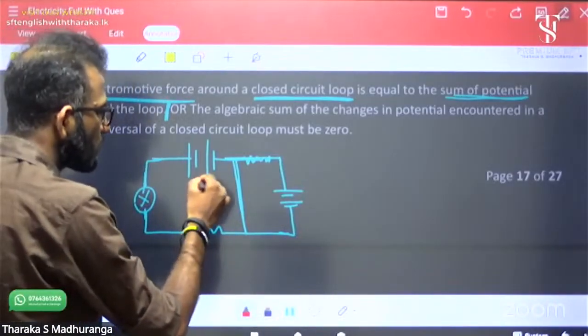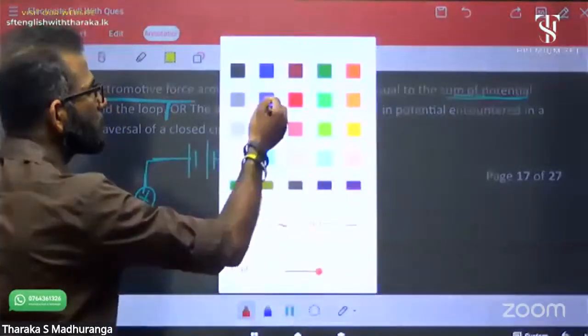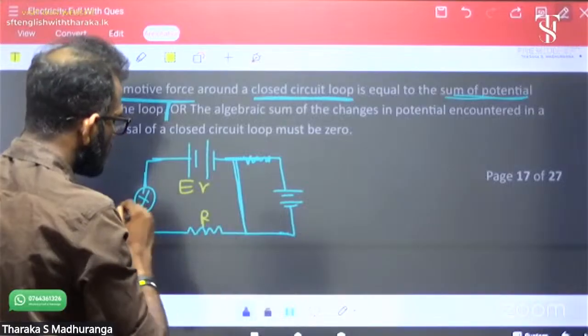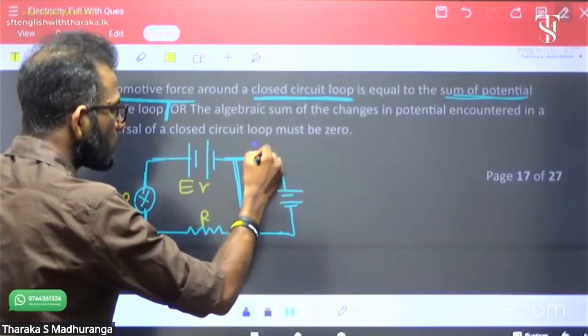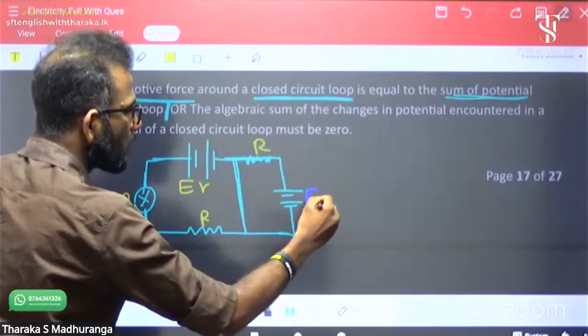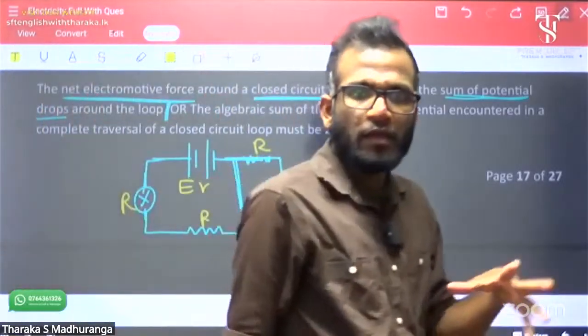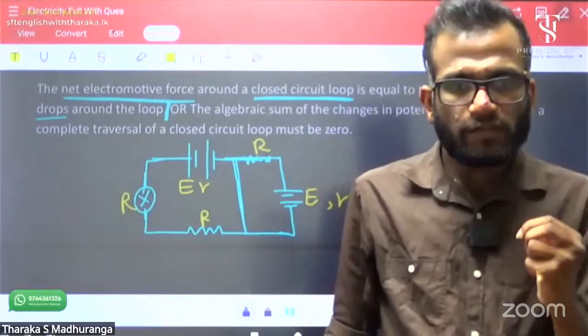This is electromotive force, that means small e, capital R, capital R, capital R, small e. What's the meaning of closed system?